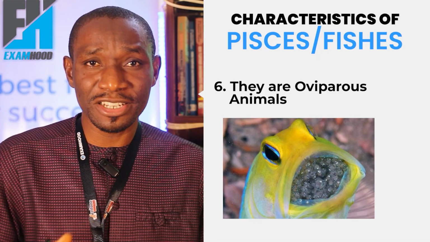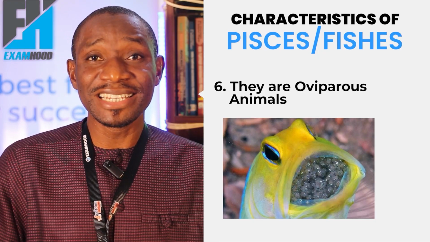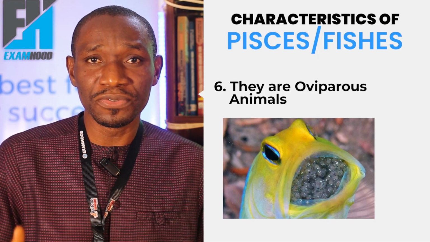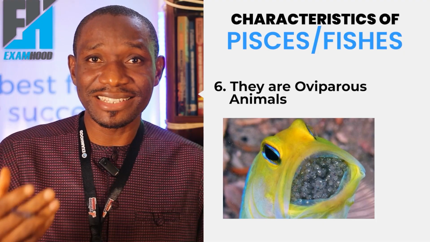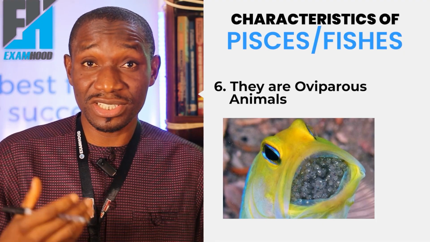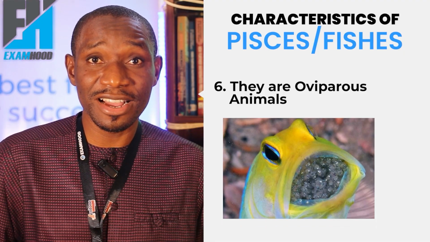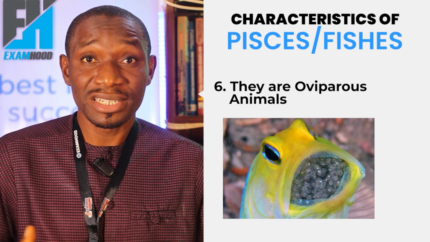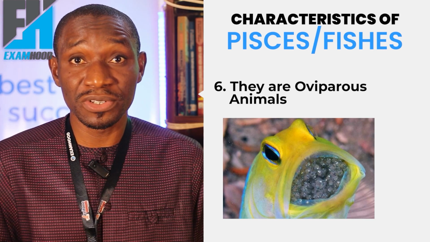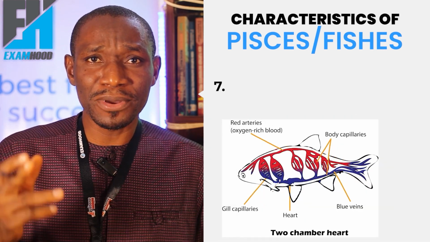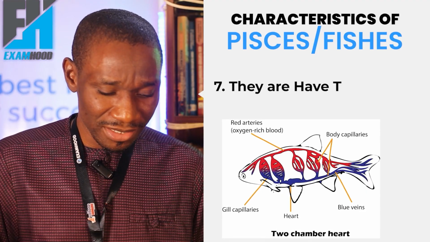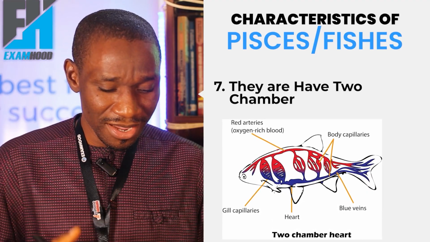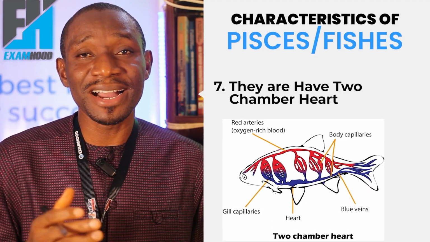Then fertilization will take place. The fertilization that takes place is outside the body of the fish. That is why it is called external fertilization. So fishes carry out external fertilization, even though they have sexual reproductive organs.